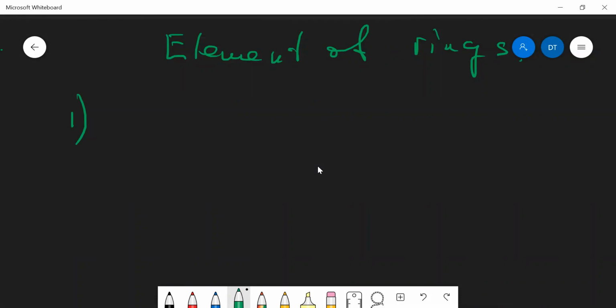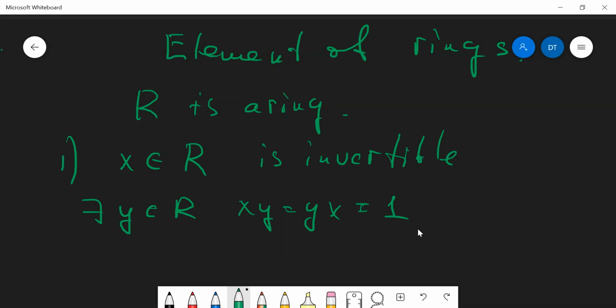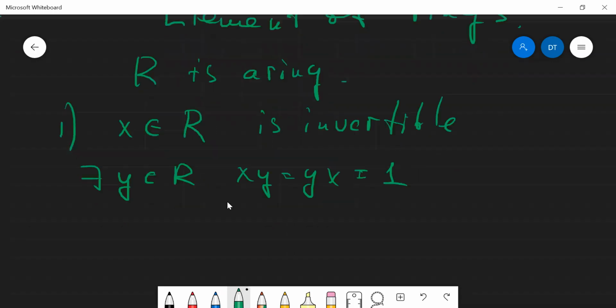First of all, suppose that R is a ring. So let's fix a ring. Now, let X be an element. We say that it's invertible if there exists Y such that XY equals YX equals 1. Here, 1 is the neutral element with respect to multiplication.